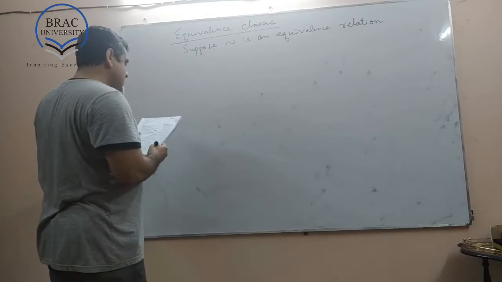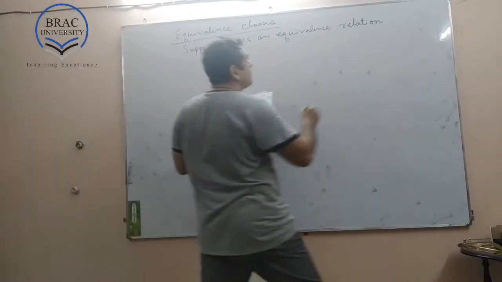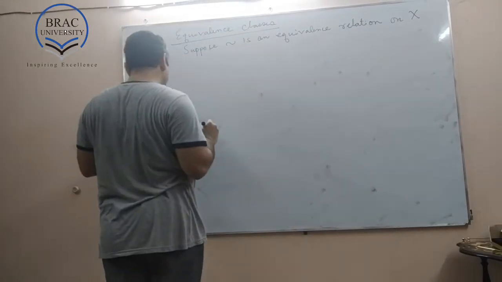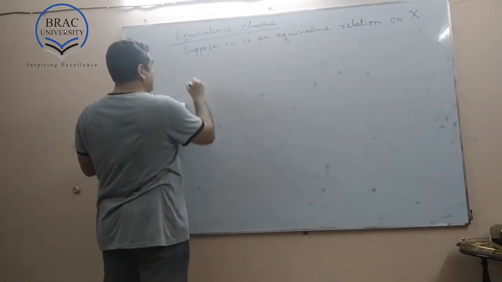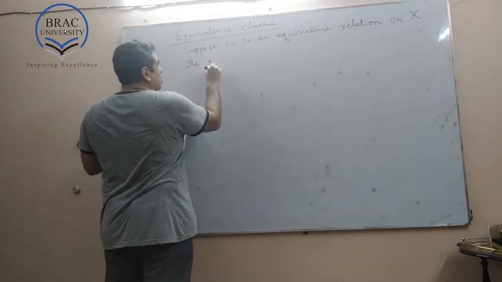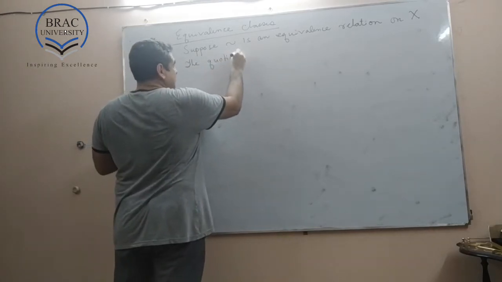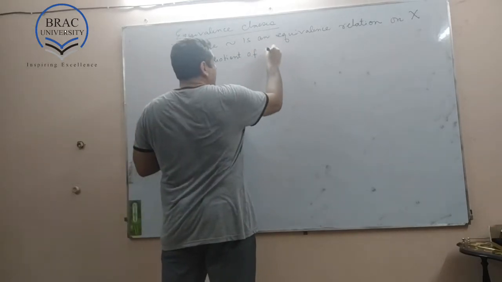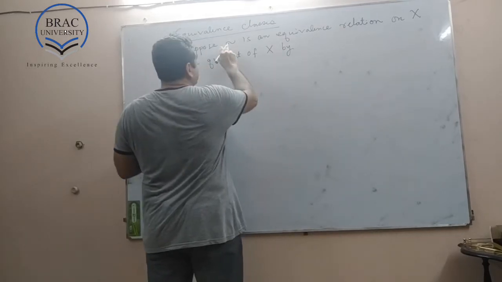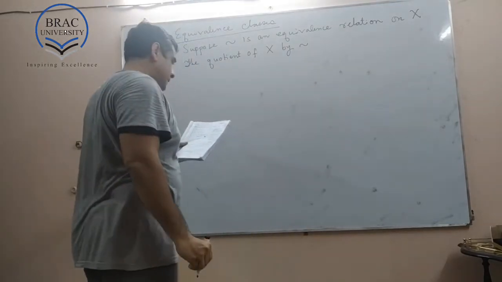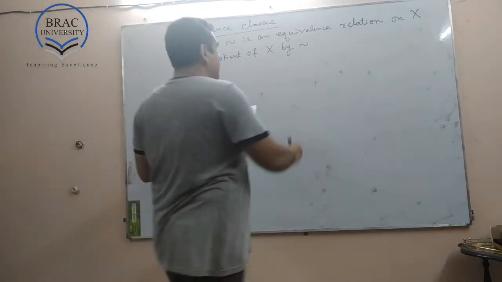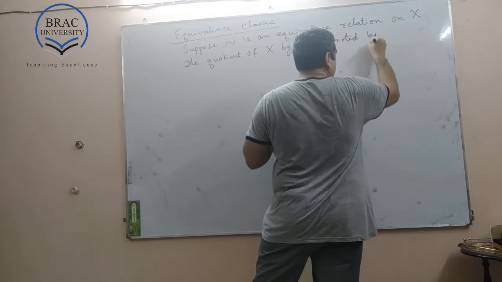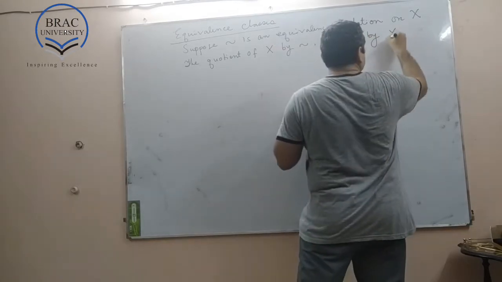So this is an equivalence relation on X. On X, the quotient of X by that equivalence relation twiddle is denoted by X slash twiddle.